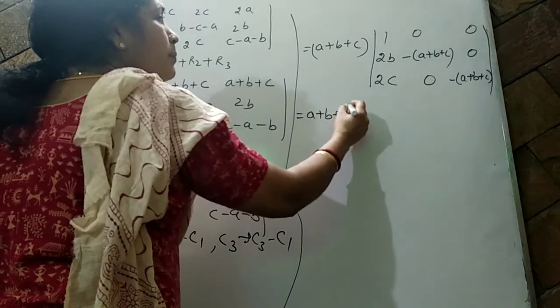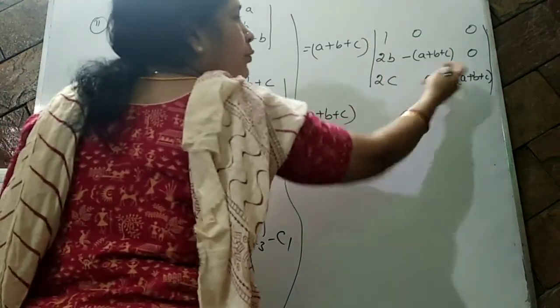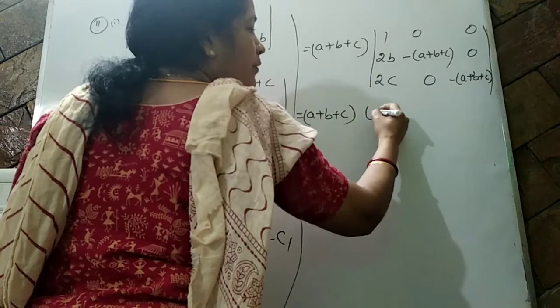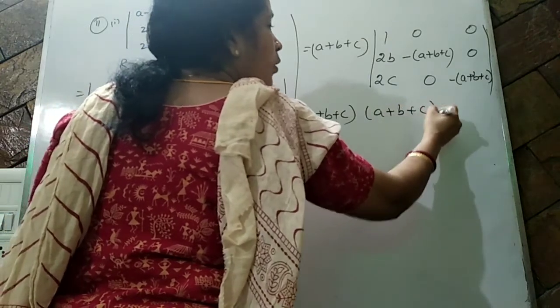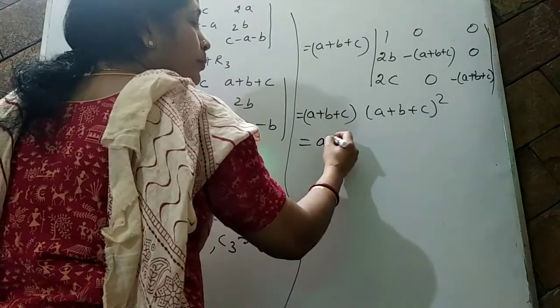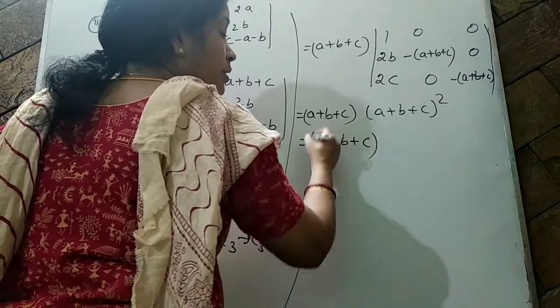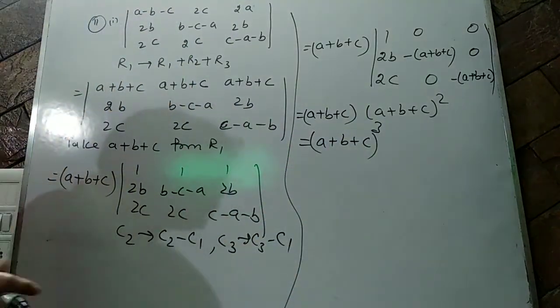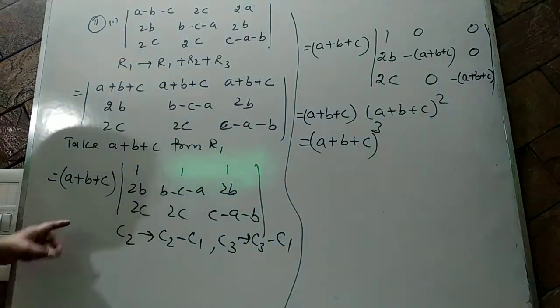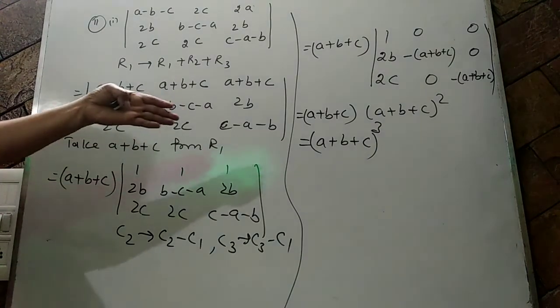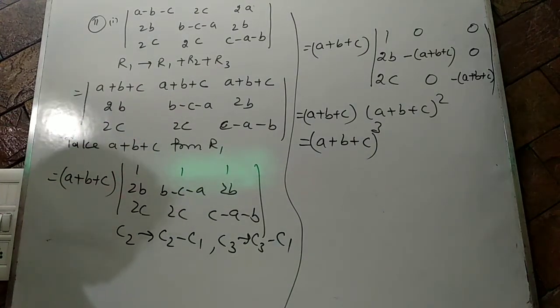So A plus B plus C into 1 into downward, we get (A plus B plus C) whole square, that is equal to (A plus B plus C) whole cube. Beta, this is a 6 mark question for 3 sets, first and second part they have repeated. Only 3 steps and we get the answer.